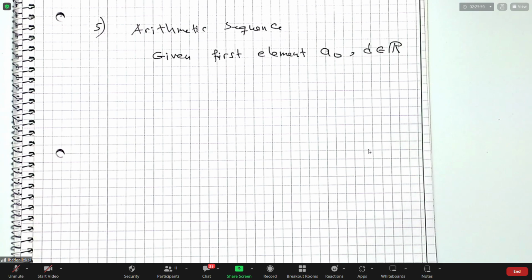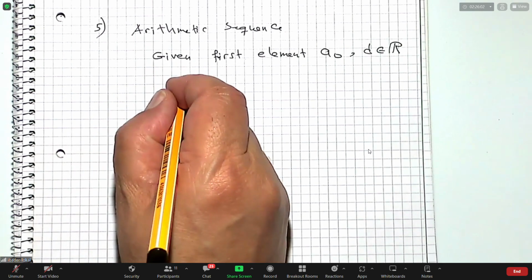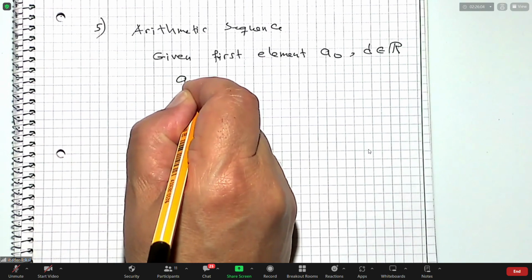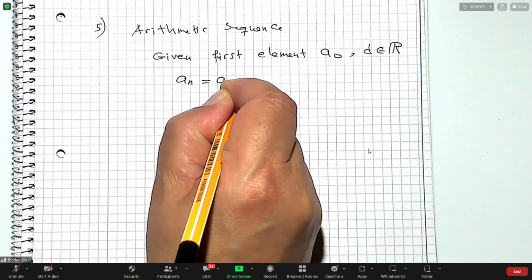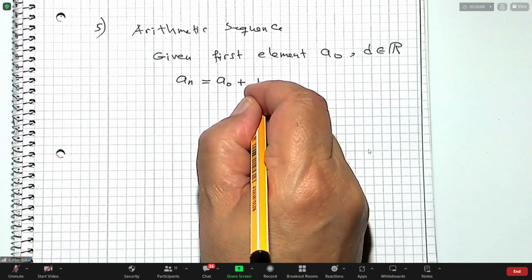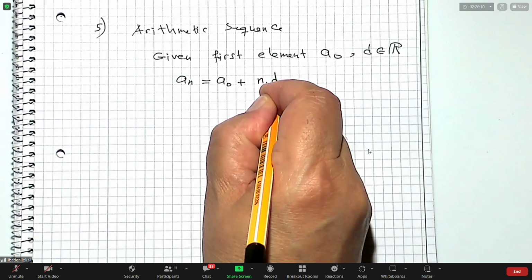So in general, an is generated using the first element a0 plus n times d.